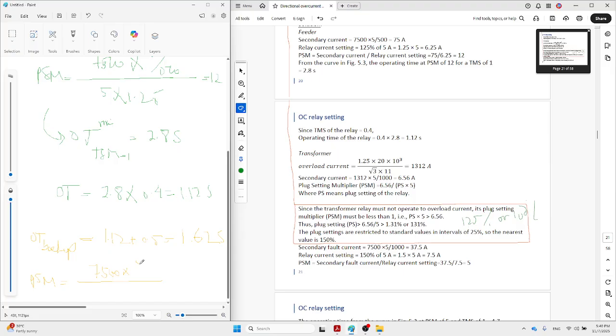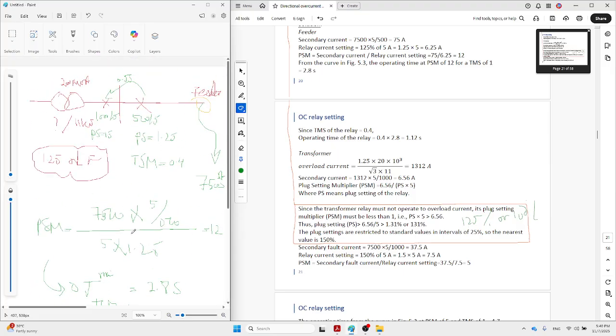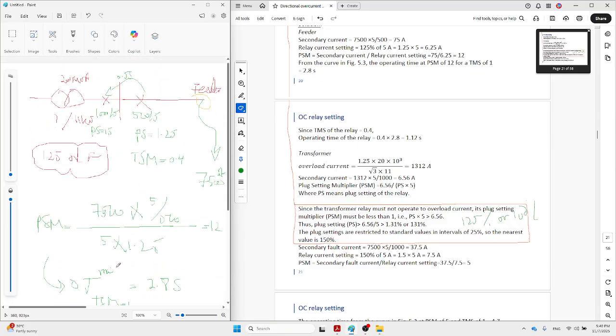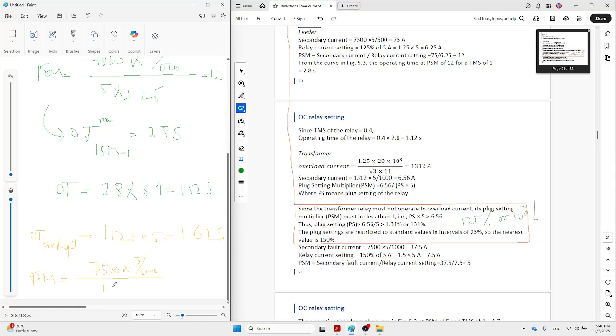For this relay, CTR is 5 over 1000, if I'm not mistaken, correct? Yes. PS for this relay is 1.5 times 5. So in fact it is 7.5 divided by 1.5, which is 5.